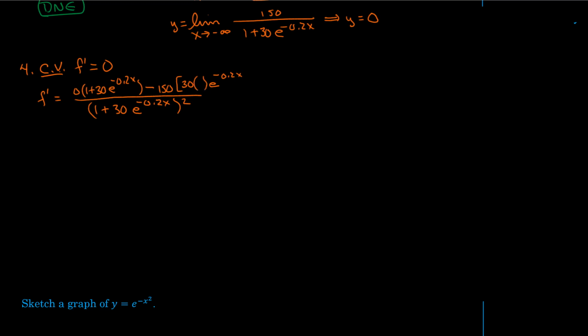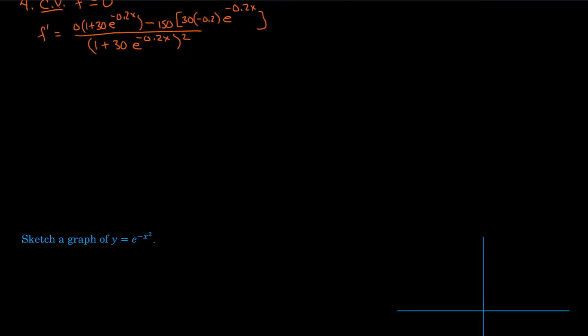I need a little more space there. I'm going to wind up with a negative 0.2 e to the negative 0.2x, like that. All right. From here, I can clean this up a bit. The denominator is going to be this 1 plus 30 e to the negative 0.2x squared. In the numerator, this whole first term is just 0 because it's times 0, so that goes away.